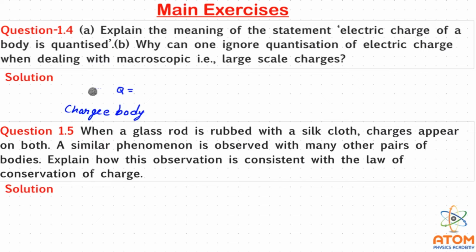So these are, let us say, a total of n charged particles, that means protons, and it is very obvious that the total charge will be equal to n into E.